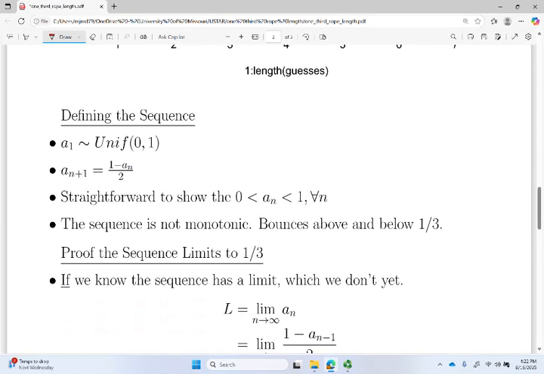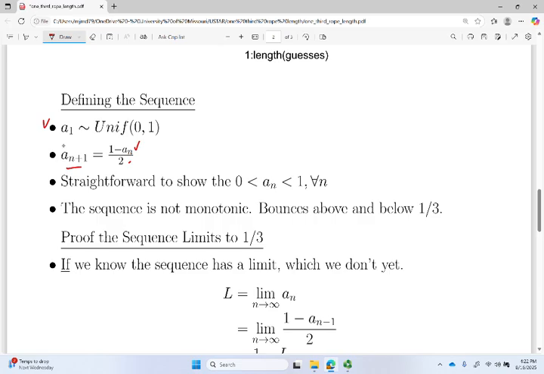So here's the process. You take an initial guess, and then each successive guess is you take whatever's remaining, halve it, and that's your new guess. That's an iterative process, and we want to show that it limits to 1/3 as n goes to infinity.